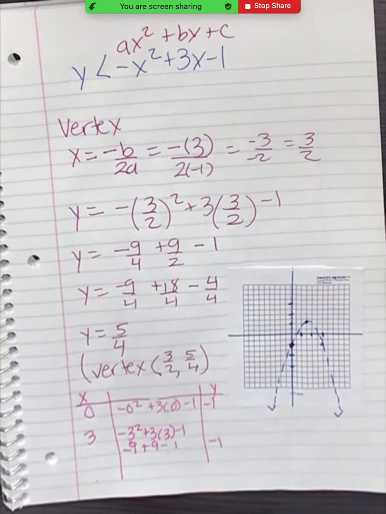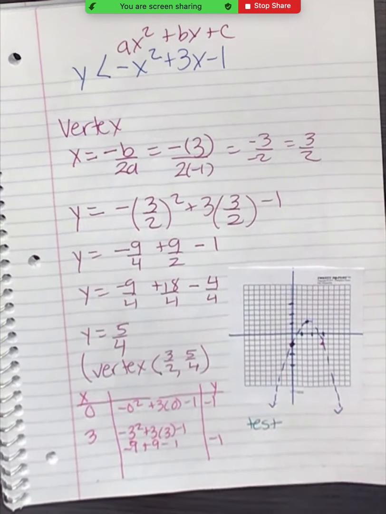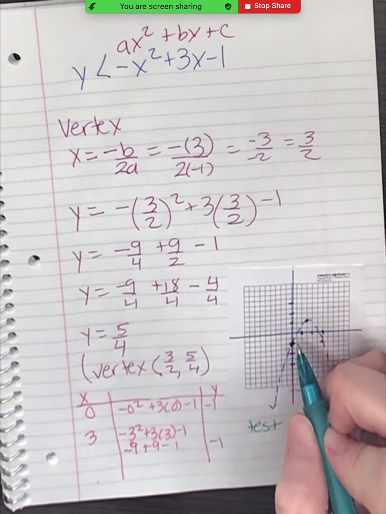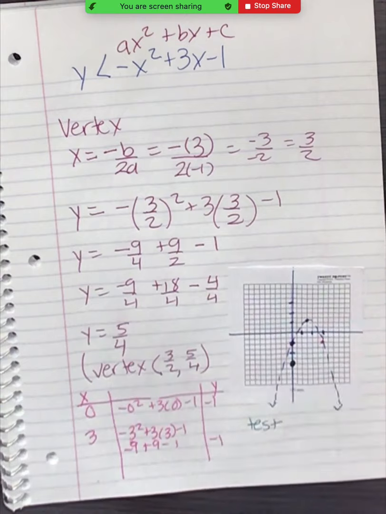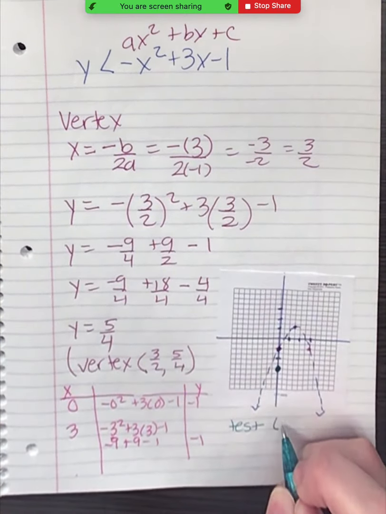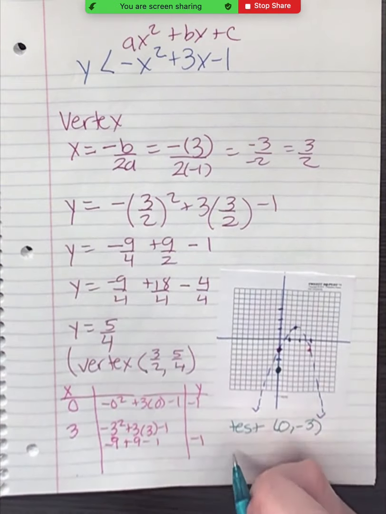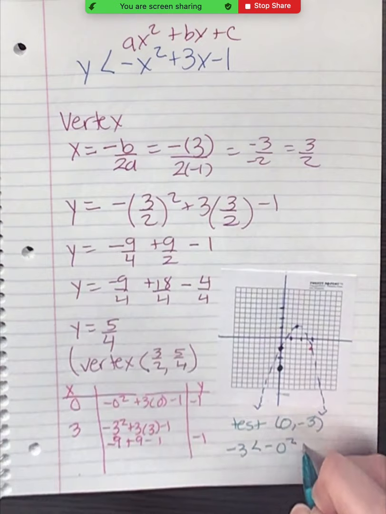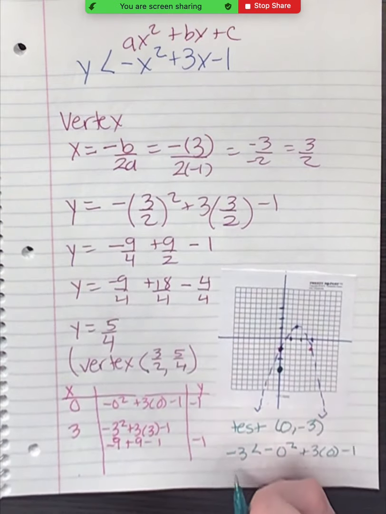And then we're going to test a point. So pick something that you can clearly see where it is. So I'm going to pick right here, okay, because I can see that that is inside. So we're going to do 0, negative 3. So is negative 3 less than negative 0 squared plus 3 times 0 minus 1?